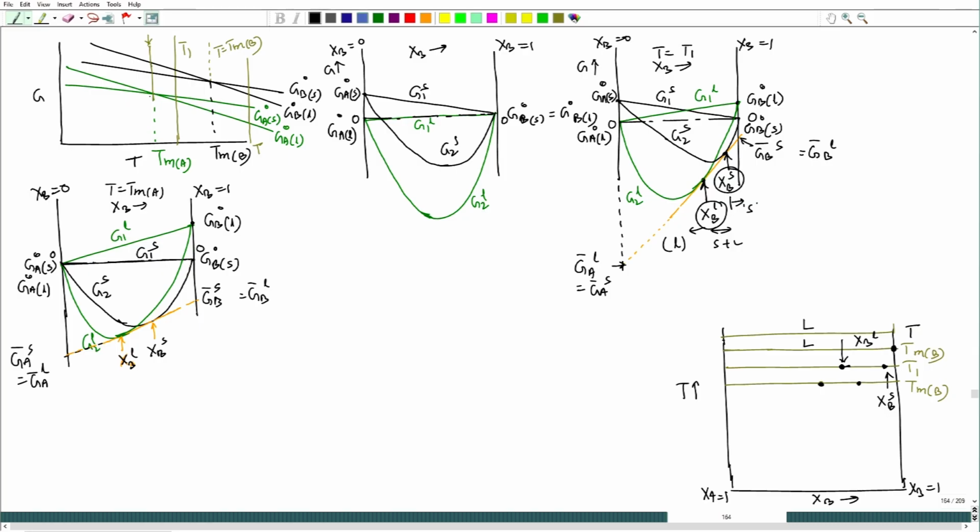Now, let us do it at a temperature below T m A. Let us say this is the temperature T 2. So, I am putting the line, this is T 2. Let us do at T 2.